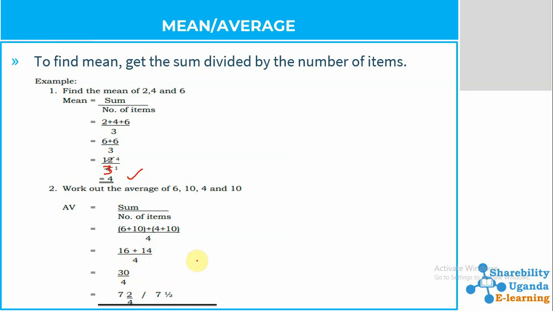When you say 30 divided by 4, we can use long division to see how they came up with their answer. We put 4 outside and 30 inside. Dividing 3 by 4 is impossible, so we bring the 30 together. What is 4 times 4? That is 16. 4 times 5 is 20.